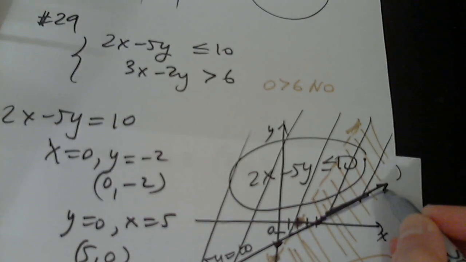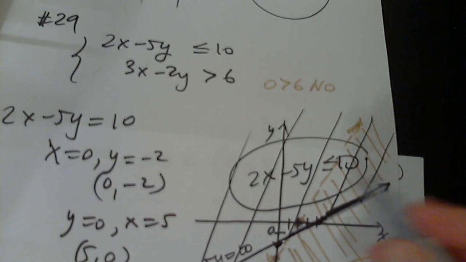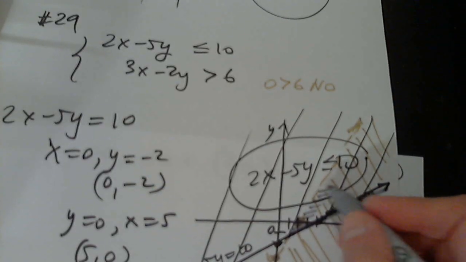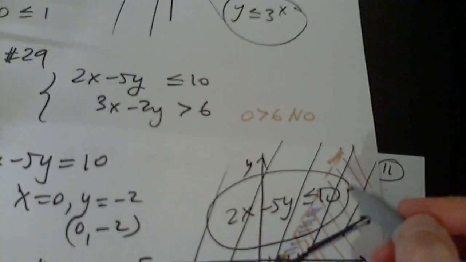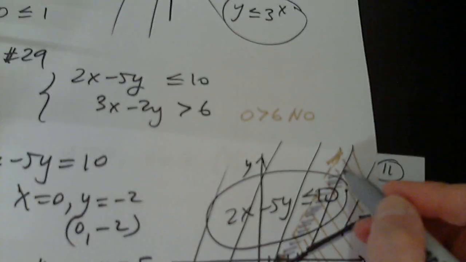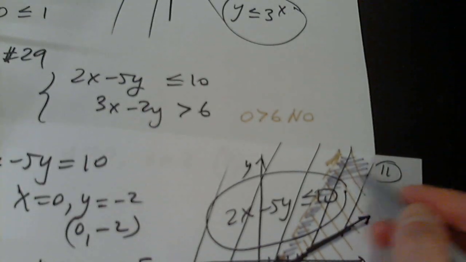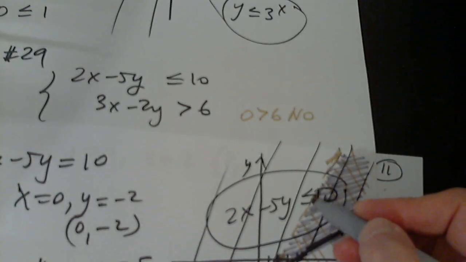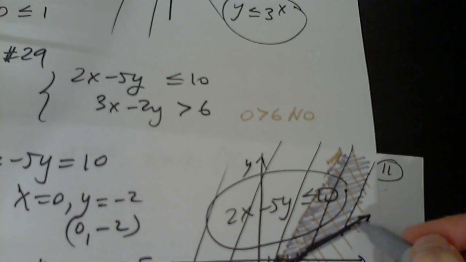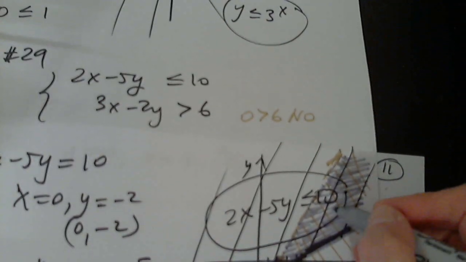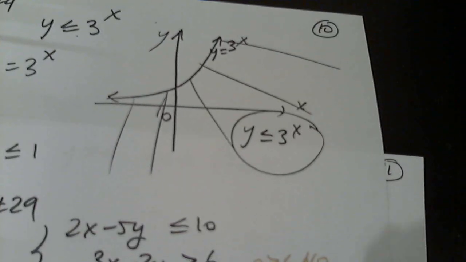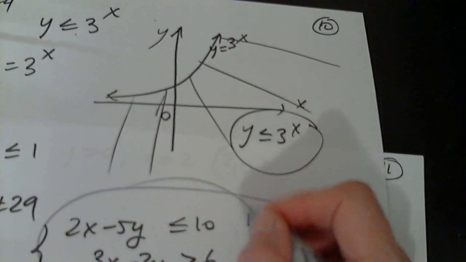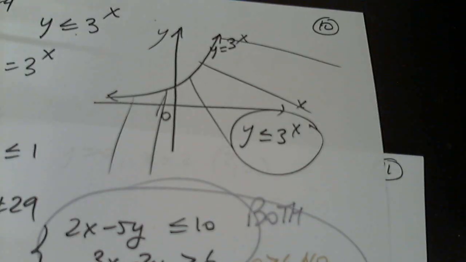So all points on this line, not points on this line, but everything else. Not points on the line, but everything else. This represents solutions to both at the same time.